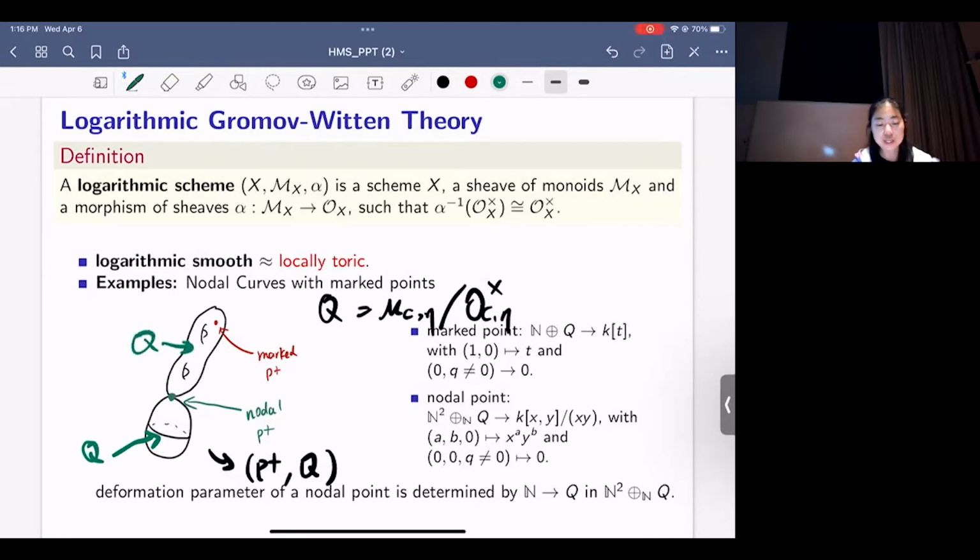For the special point, like the nodal point, it will have a log structure of this form, and the marked point will have another piece that comes from here. So Q will be this, the thing over here. It's the log structure coming from the generic point.